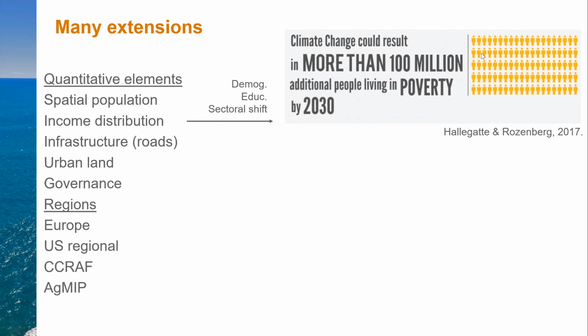This study drew a conclusion that we might end up with more than 100 million additional people being pushed into poverty by 2030 by climate change.